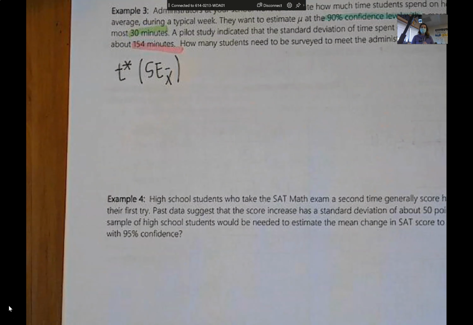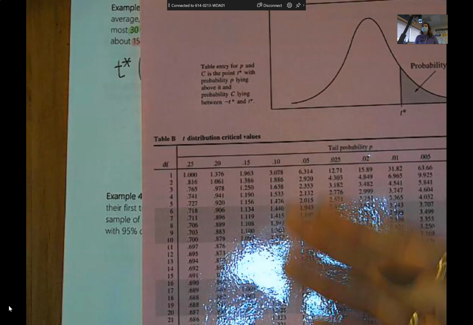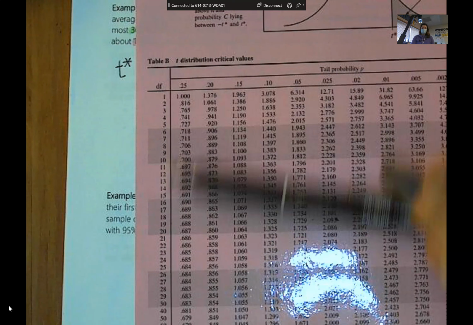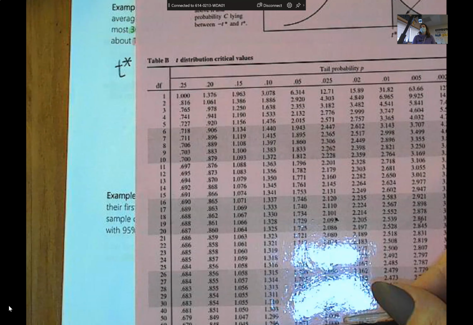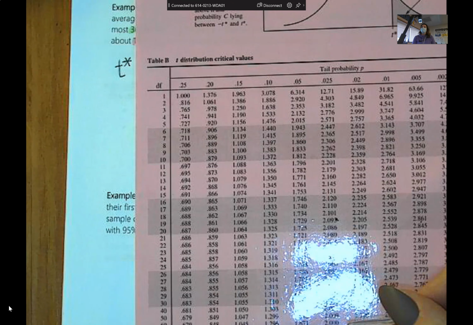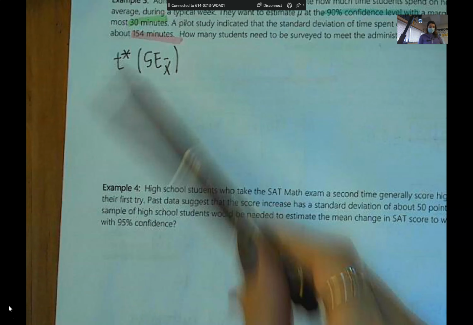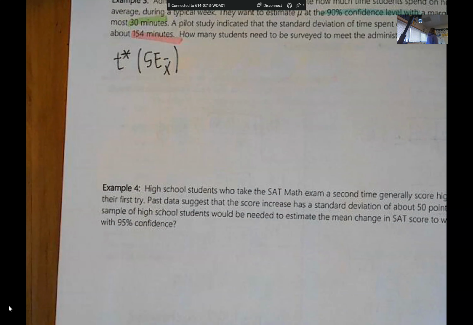So when we use t, it's one of these numbers in the table. But in order to know what number we need, we have to look at degrees of freedom. But degrees of freedom is based on your sample size. Well, that's what we're trying to find out. We don't know what the sample size is. So in this case, instead of using t star, we use z critical.